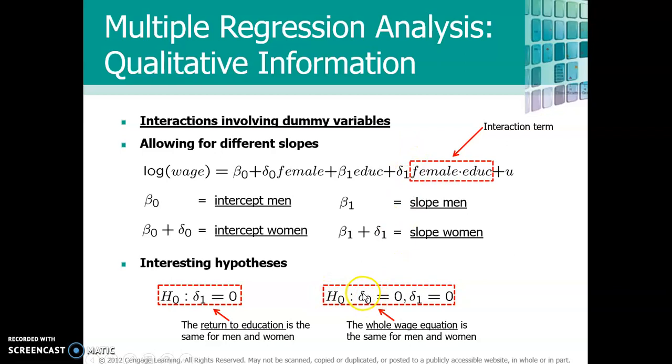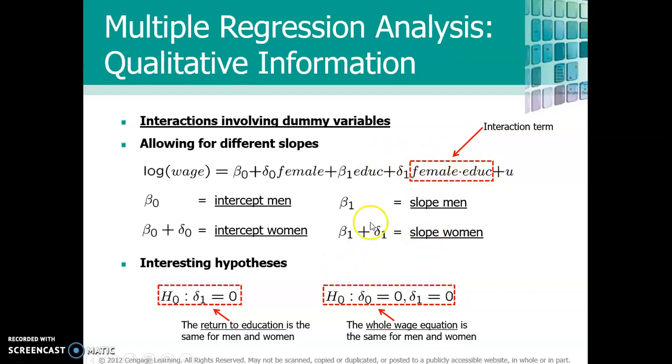However, if rho 0 is equal to 0 and rho 1 is equal to 0, if these two coefficients are equal to 0, then it means that the whole wage equation is the same for both men and women. Remember that in the first instance, if rho 1 is equal to 0, we are basically saying the return on education for women and men is just the same.